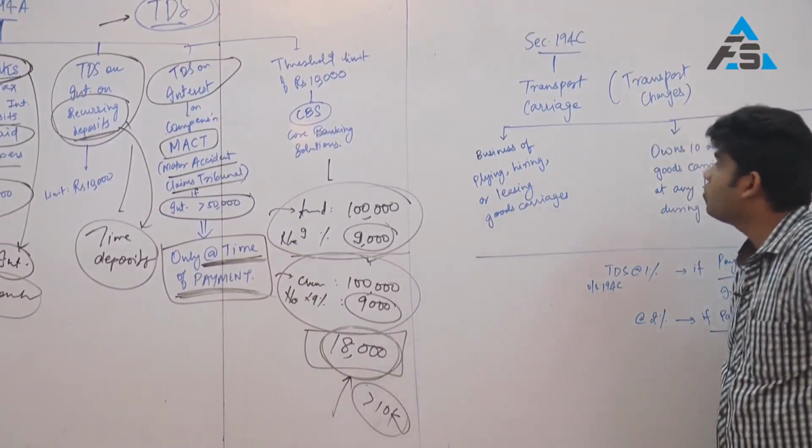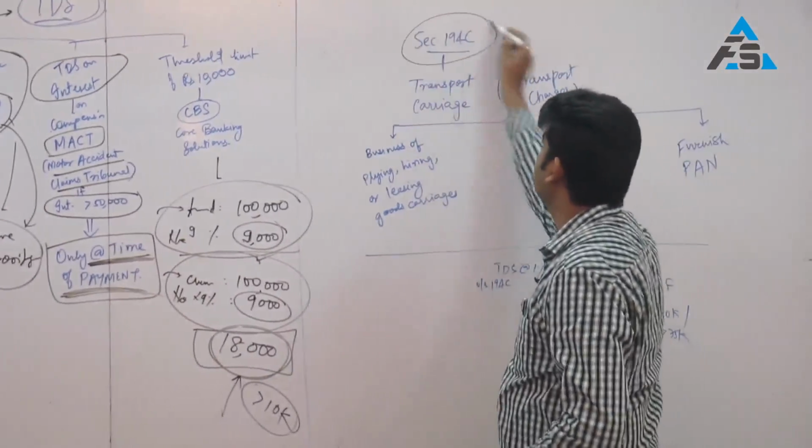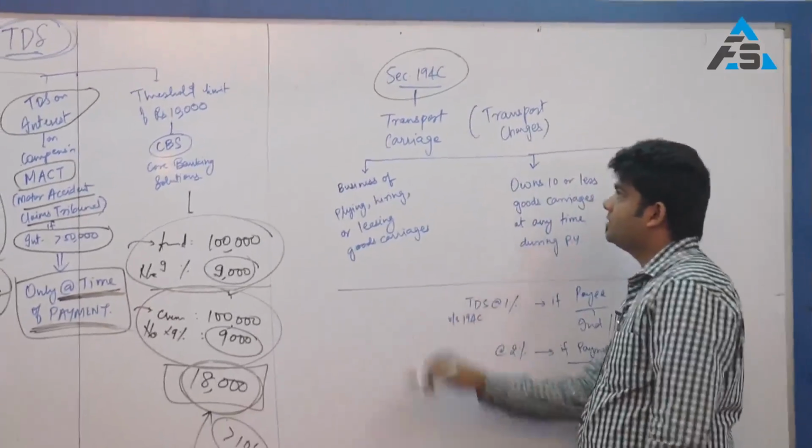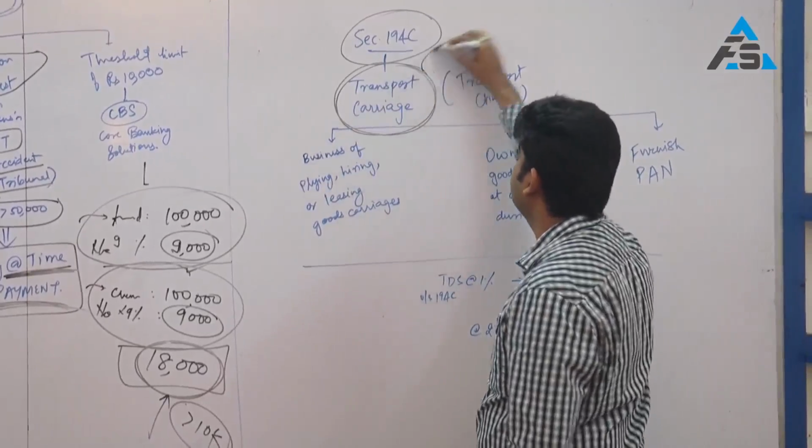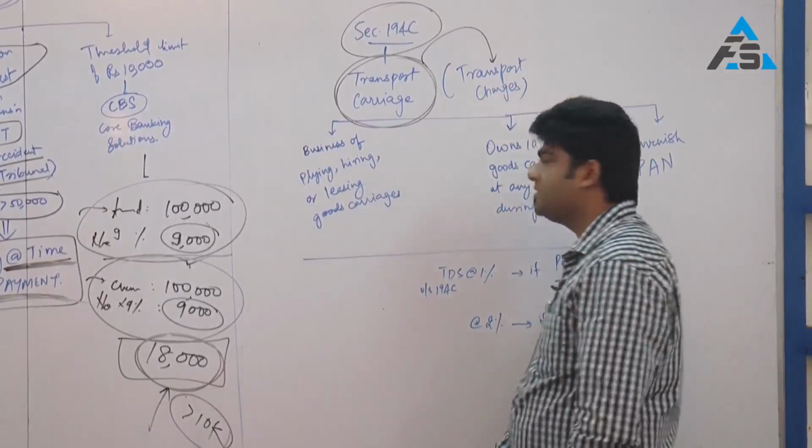Moving on, section 194C for payment to contractors. Specifically, this amendment is in relation to transport carriage, wherein they are receiving transport charges.